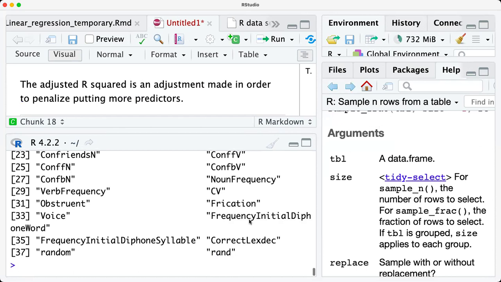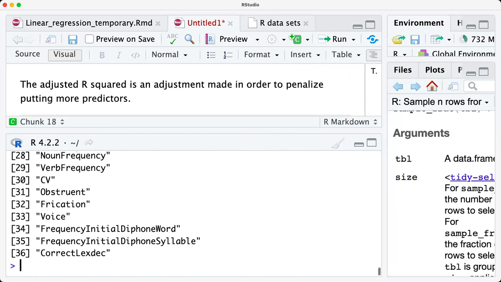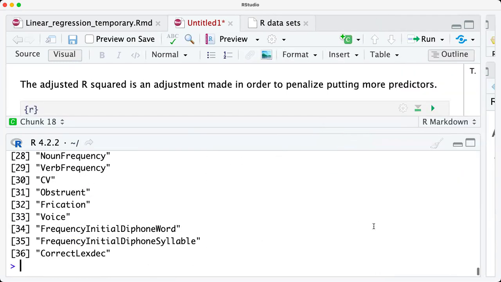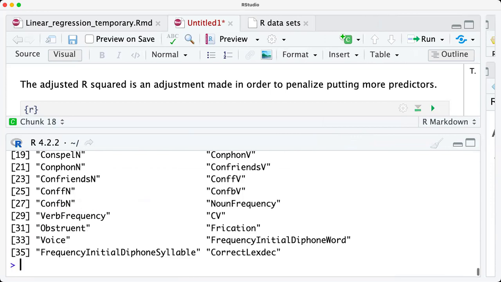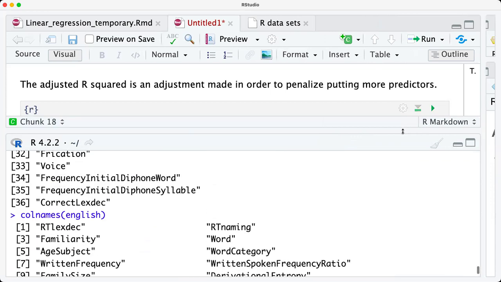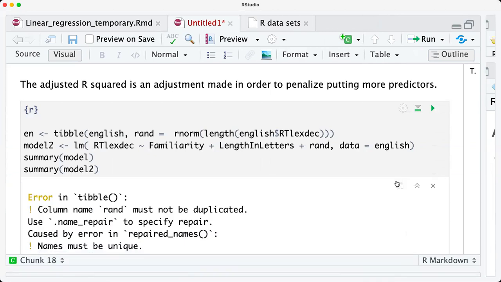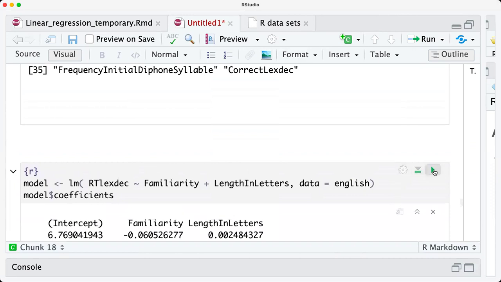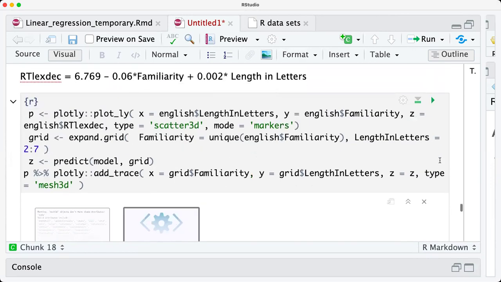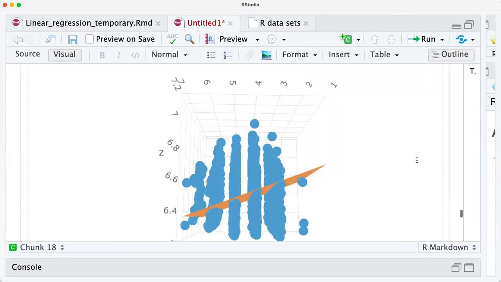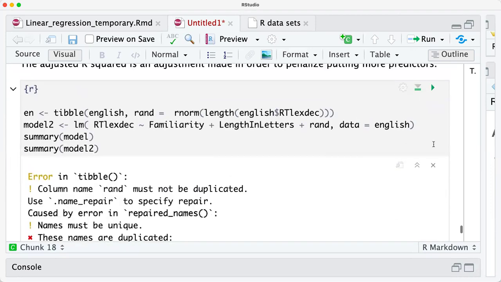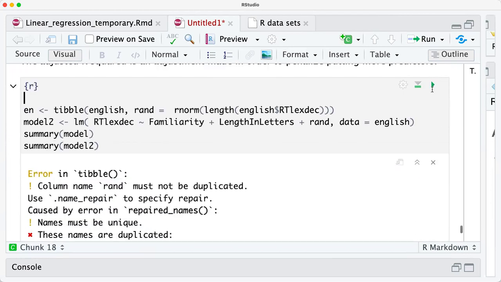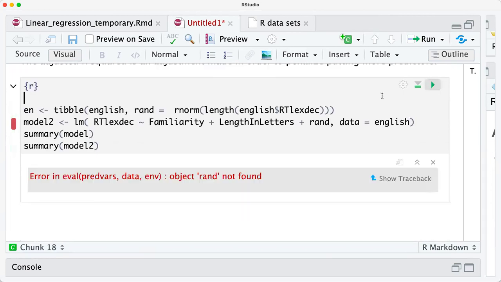So I removed all the objects. Now I can see that this English variable doesn't have the random variable any more. So let's come back to the model that I have to do again, and let's do this procedure.